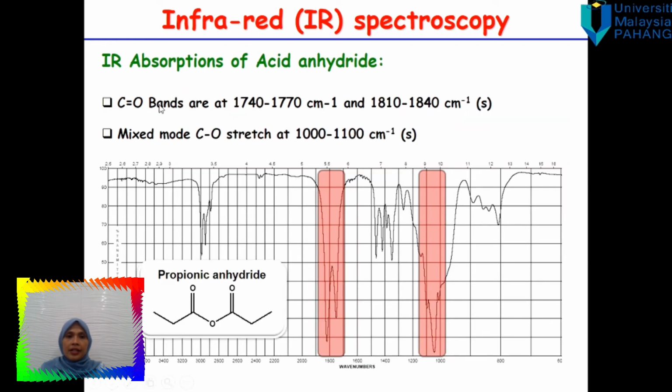For acid anhydride, they have two C=O bands, 1740, 1770 to 1810 to 1840, and mixed modes of C-O stretch at 1000 to 1100.